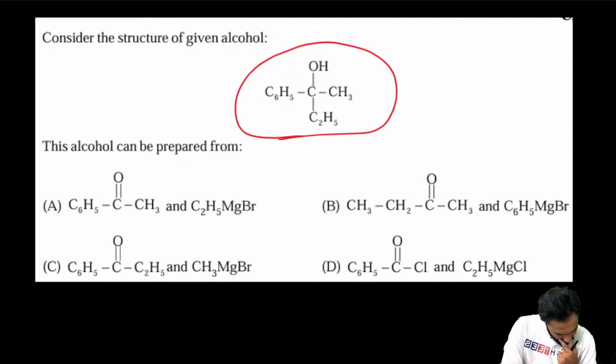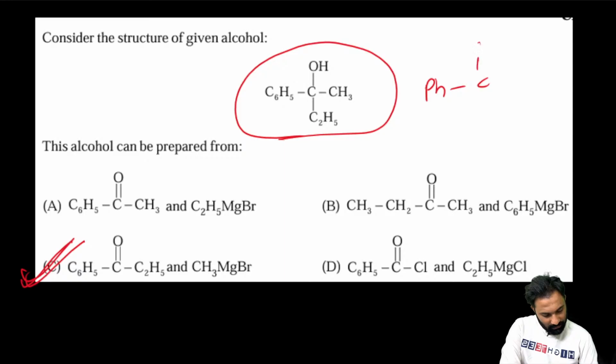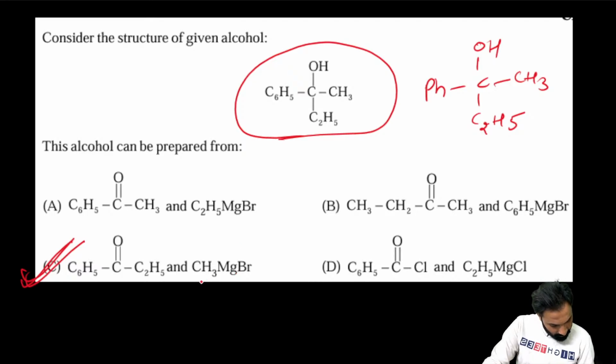C. Yes, the answer is C. Now here it is one phenyl, here one OH, here one methyl, and here one C2H5. That is present in which one? It is present in C. But we can prepare it from A also, right?